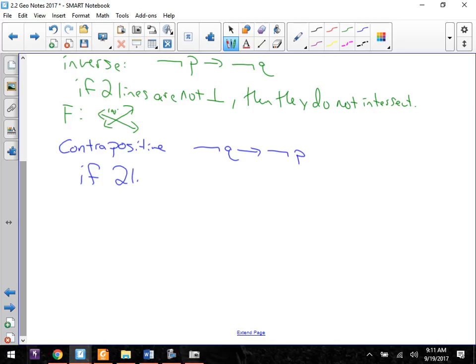Two lines do not intersect, then they are not perpendicular. And just like Josh said a second ago, that is a true statement. Because if you have two lines that don't intersect, will they ever be perpendicular? No. Right? So that's a true statement.